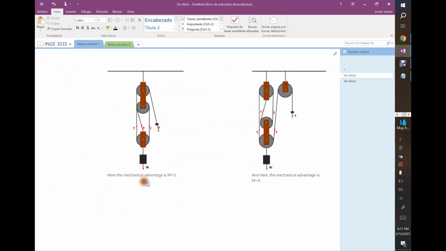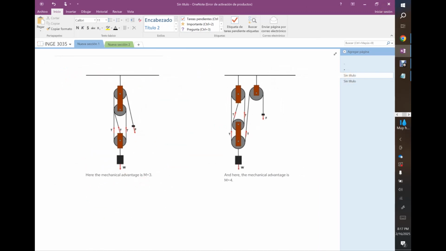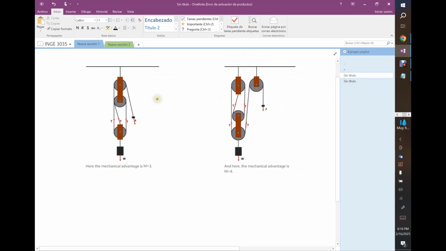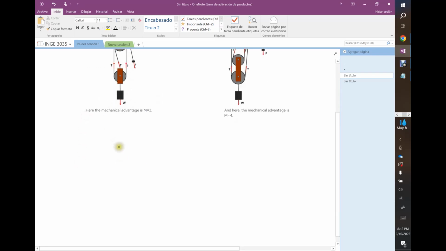So here we are. I have two cases to demonstrate some of the theory behind a pulley, and not to get bogged down in all the complication here with so many pulleys, let's show only one at this point.